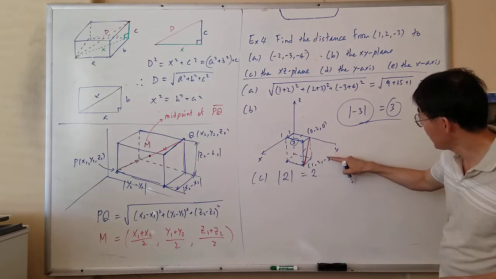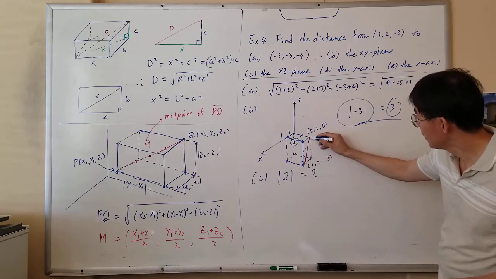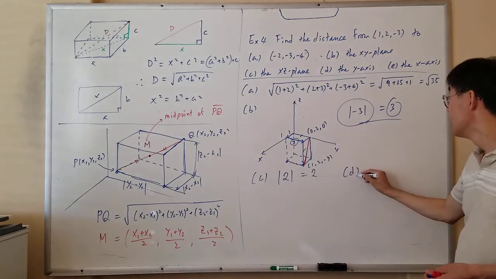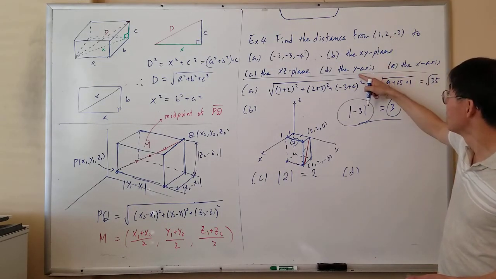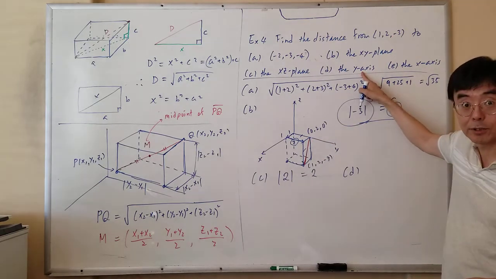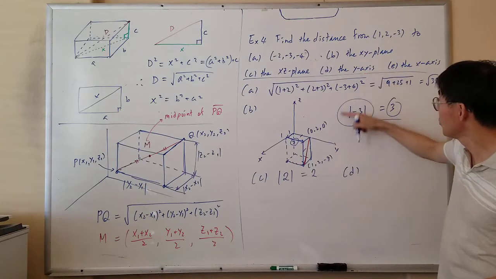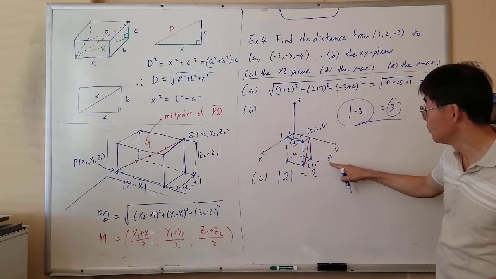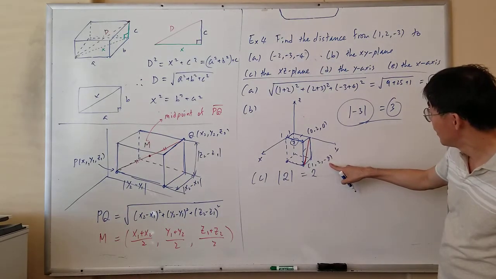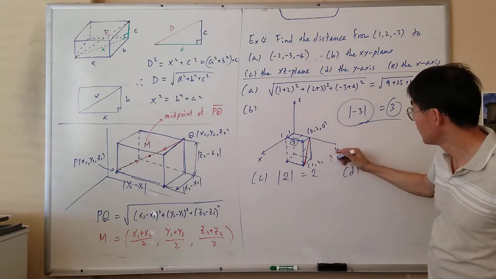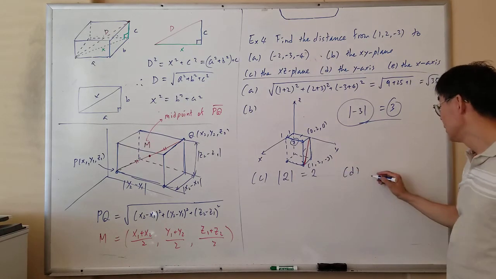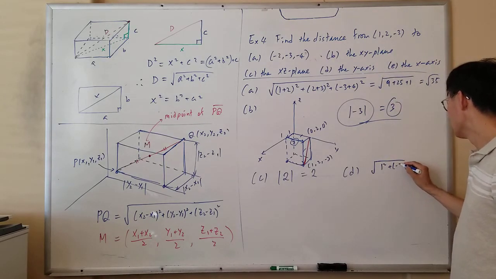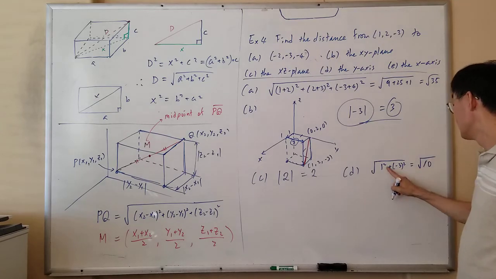The 2 cancels. So basically this is 1 and 3, the rectangle diagonal. So the distance from here to the y-axis, the touching point, the perpendicular distance, that one will have the same y coordinate. So it's just like the distance between 0, 0 and 1, negative 3 in the xz plane, just like that. So the square root of the x coordinate squared and the z coordinate squared: square root of 10. All right.